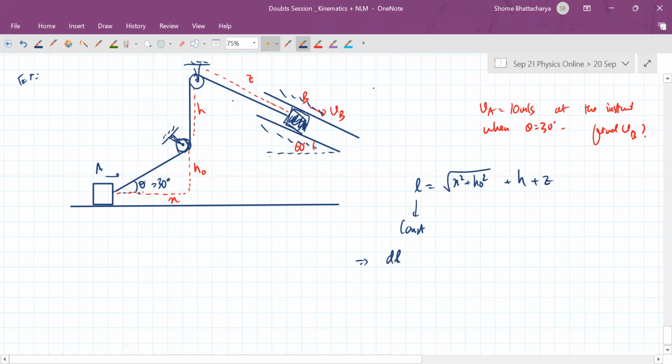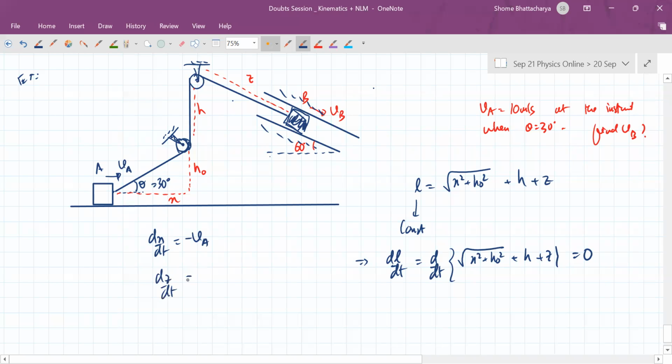So dl by dt, which is the differentiation of this whole term, should be 0. Now here you can see that dx by dt is minus VA, and here you can see that dz by dt is plus VB.